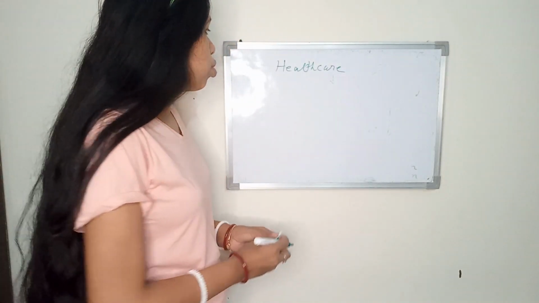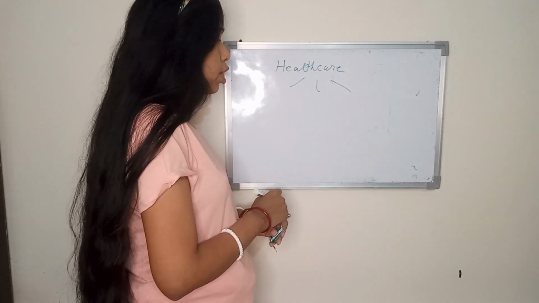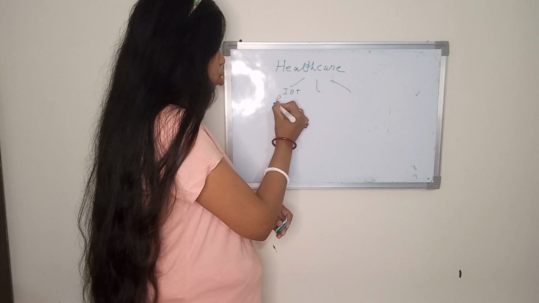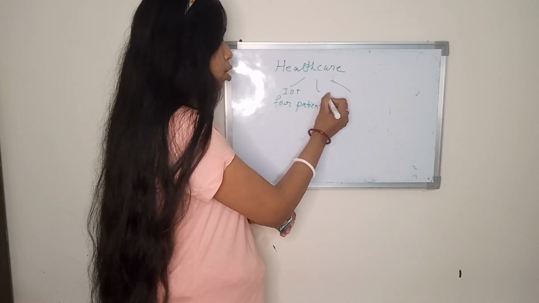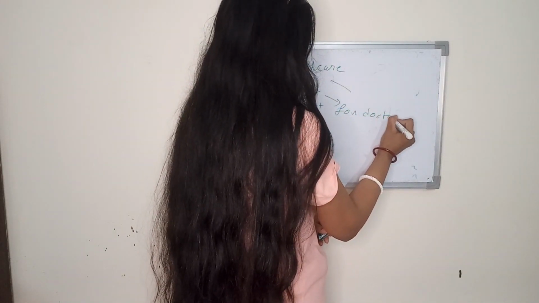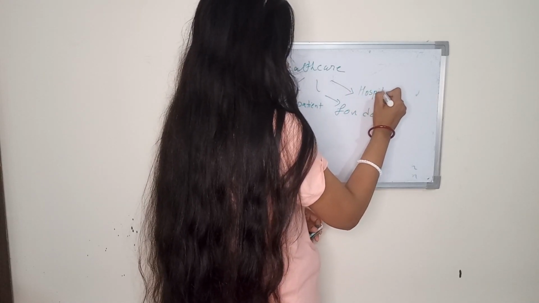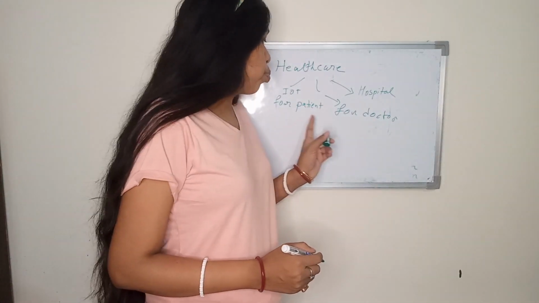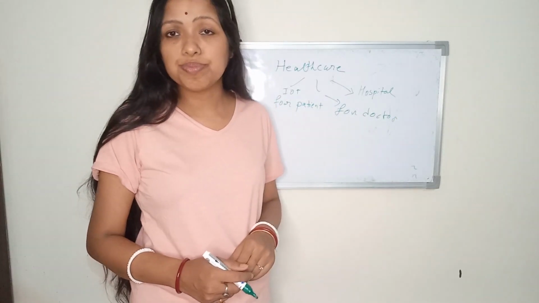In healthcare, you can divide devices into three parts: IoT for patient, for doctor, and for hospital. Three things: IoT for patient, for doctor, and for hospital.